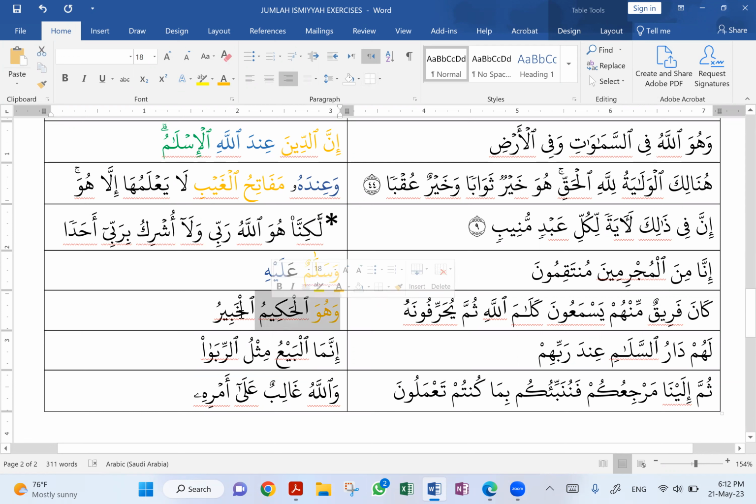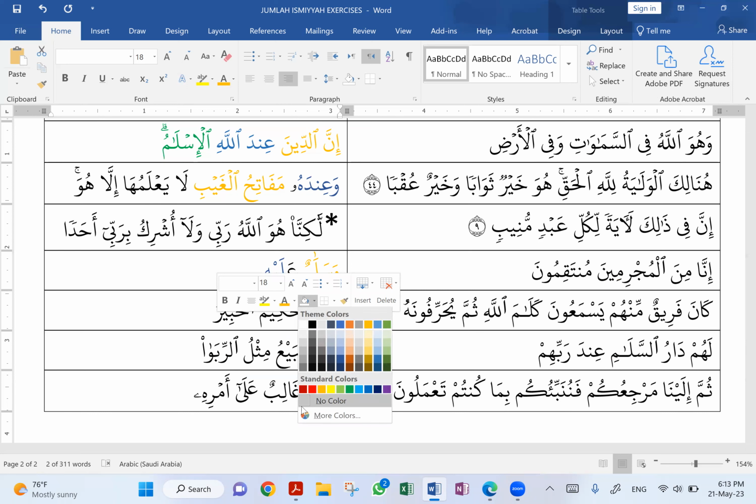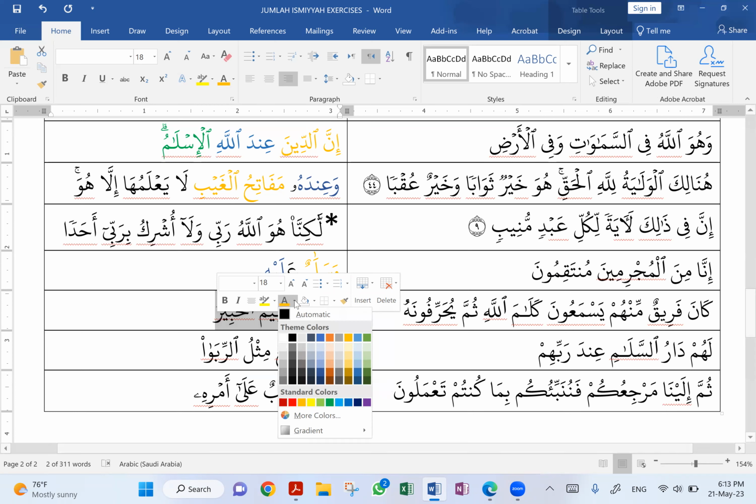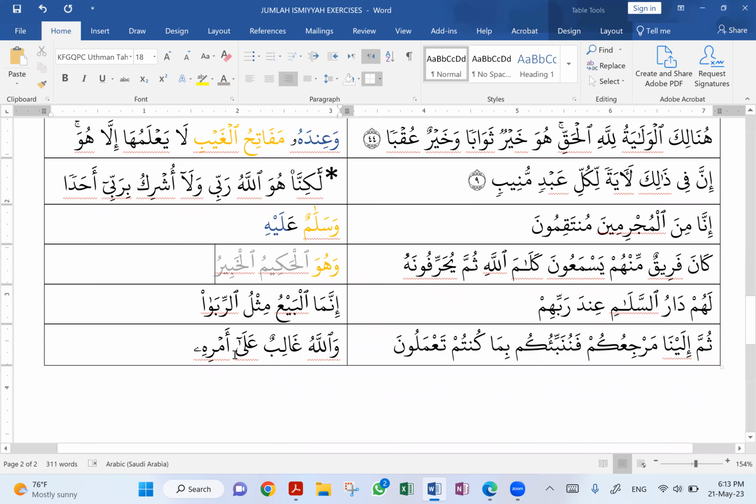Well, that's how we're going to say it right now. Al-hakim will be sifa 1, and al-khabir will be sifa 2. But of course, we know that when it's talking about Allah, then it will be khabar 1 and khabar 2. Right? Yeah.